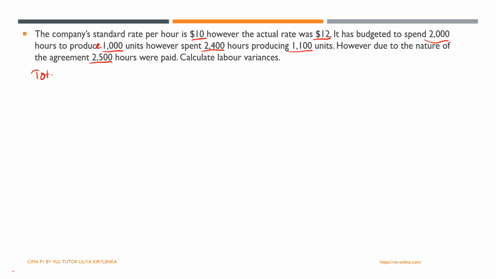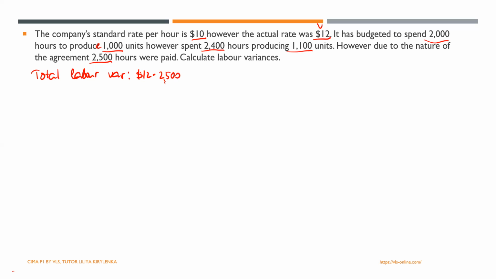So total labor variance is going to be calculated as the amount that was actually paid. So we paid at the actual rate of $12, and we were supposed to pay 2,500 hours that were worked. And from that, we need to subtract the budgeted quantity.